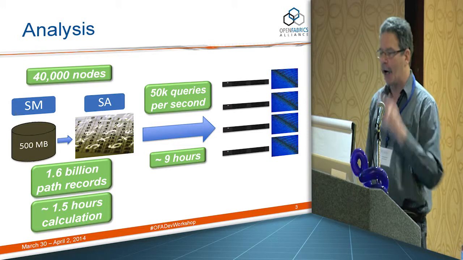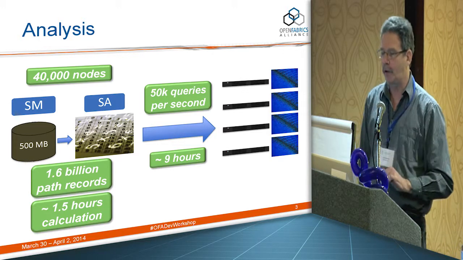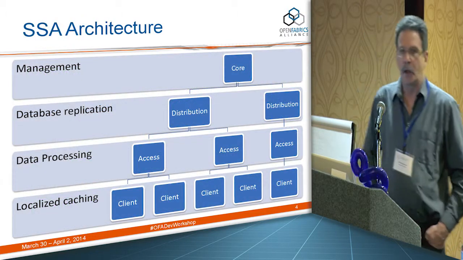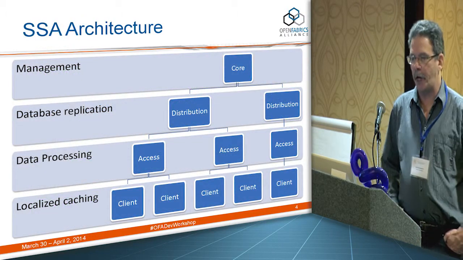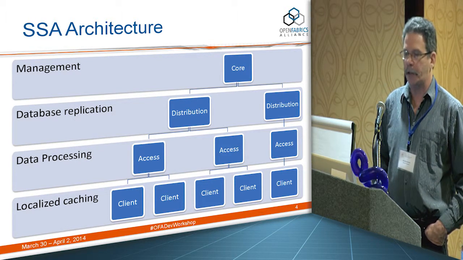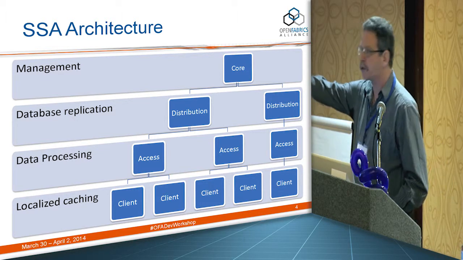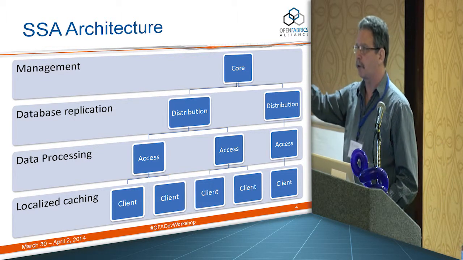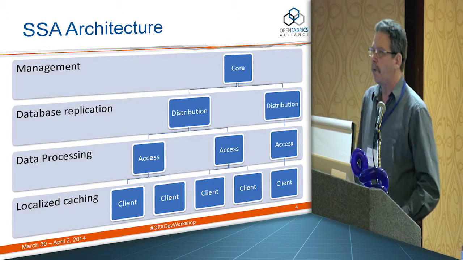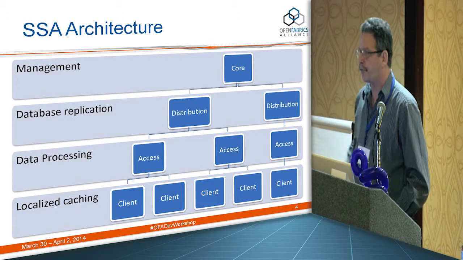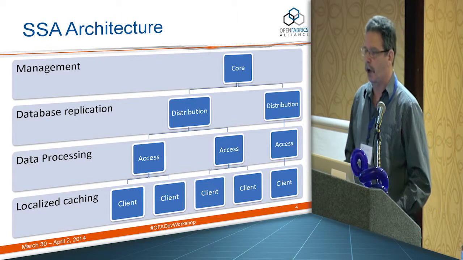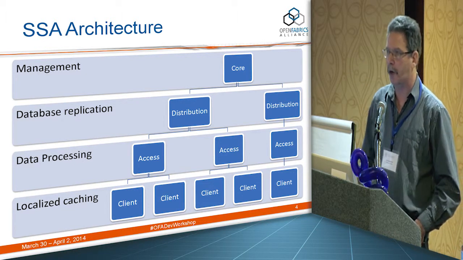You've heard about this from Bob in a different way, with some other problems added on top of that. So what we've done with SSA is we've taken the SA, we're distributing the SMDB down as far as that access layer. The access layer does the path record computations for all the clients and distributes the path record databases into the client, and it's a local lookup in the client to get the path record.